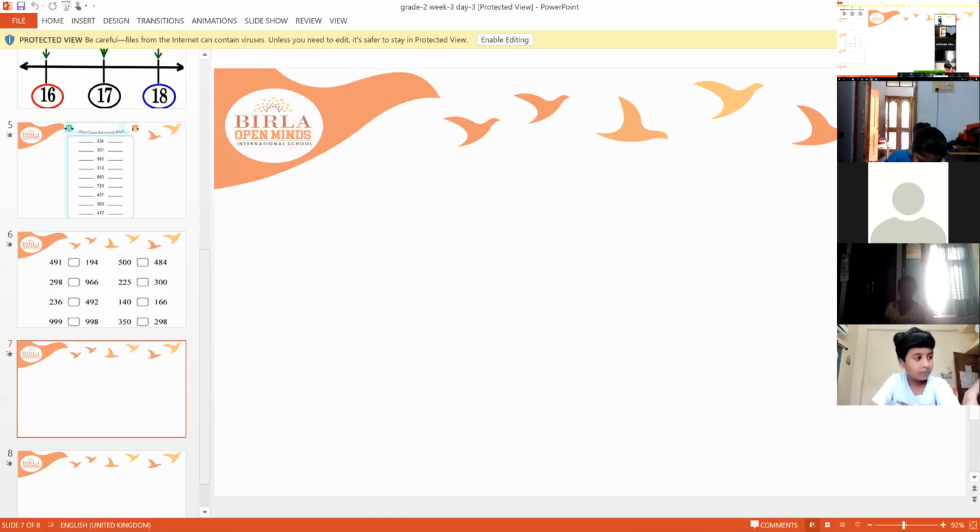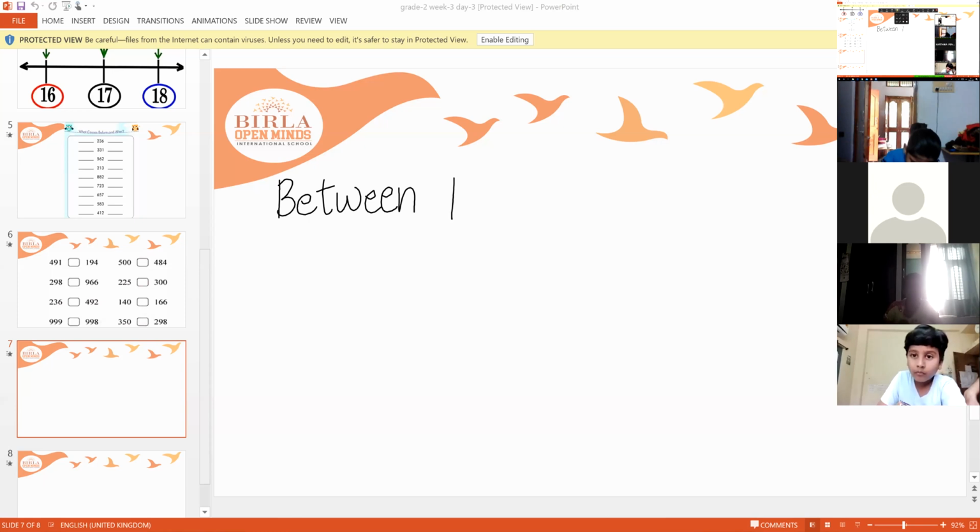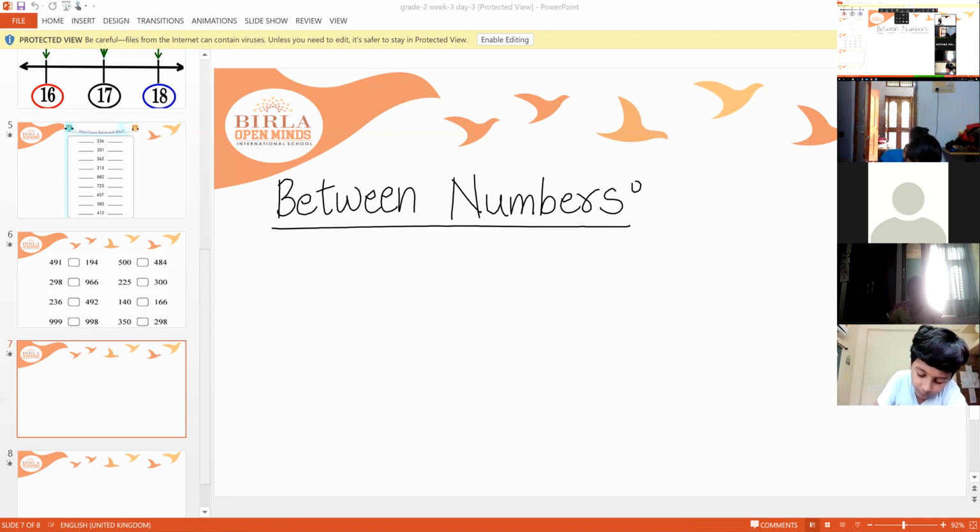Between numbers. Okay. So I am writing here. So children, write down this between. See the spelling from your screen. Between numbers. Children, write down fast.